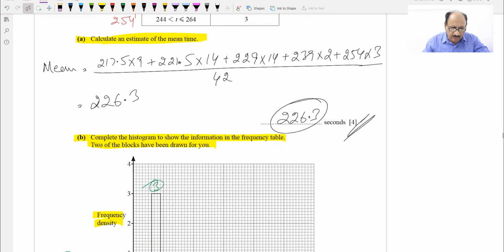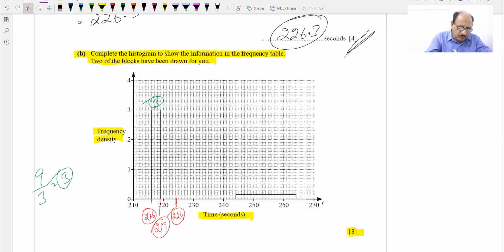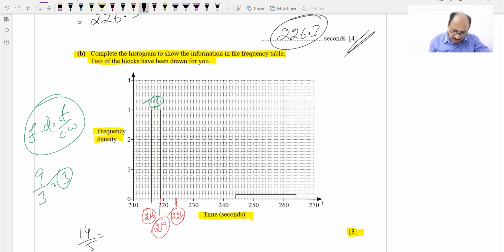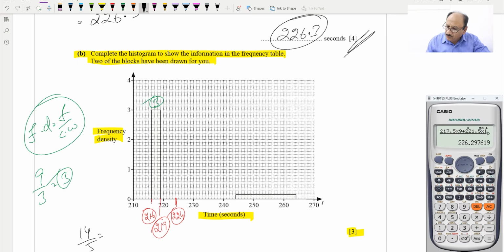The formula we are using is frequency density equals frequency over class width, so 14 divided by 5 is equal to 2.8.